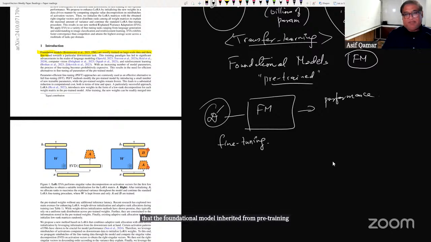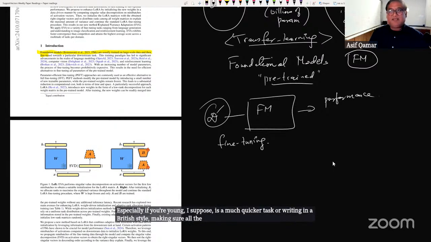So then what happens? It is like saying that you know how to speak English. You just need to develop a British accent. A small gap. The learning of English takes years. Picking up an accent, perhaps, especially if you're young, I suppose, is a much quicker task. Or writing in a British style, making sure the words have less of Z and more of S, right?